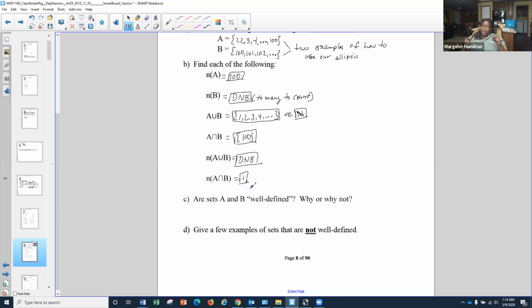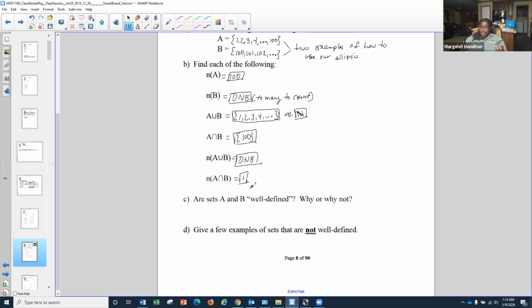And well defined means, do we know for sure what's happening in it, what's going on? So if I look at the set and you look at the set, can we see the same thing? When I look at A, I see 1 through 100. Do you see 1 through 100? Yes. When we look at set B, do you see 100 going on to infinity? Yeah, I see that. You see that. If Johnny, Tisha, Kim, Mary looked at it, would they see it too? Yes, they should.